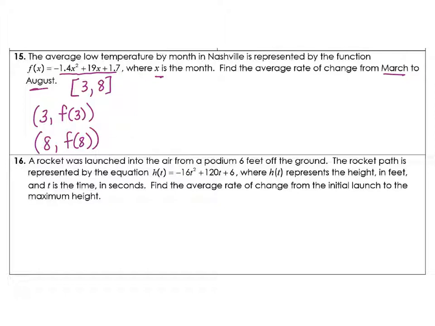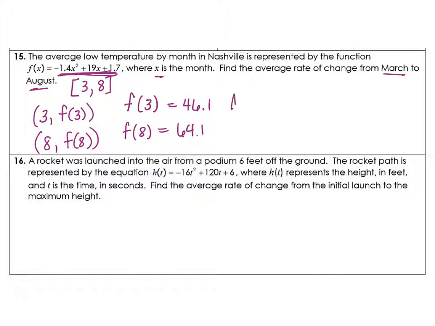If we do so, then F at 3, when we substitute that in, is going to generate 46.1. And then F at 8, when you substitute that into this function again, you should end up with 64.1.